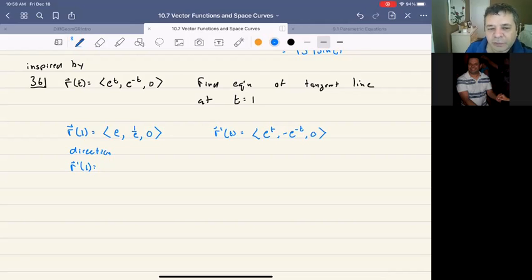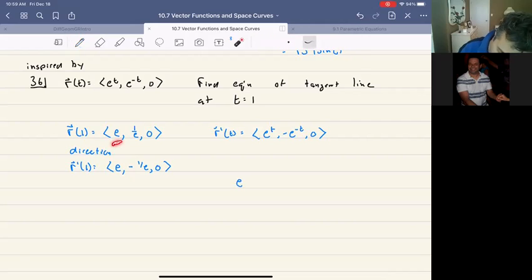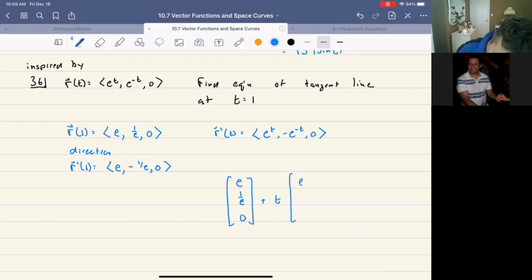So r prime of 1 is going to be e, negative 1 over e, 0. The equation of the tangent line at t equals 1 is going to be this e, this 1 over e, and 0, plus t times e, negative 1 over e, 0.